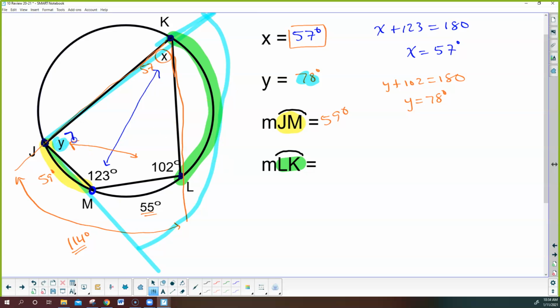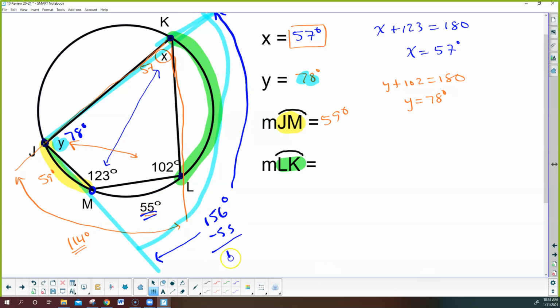So if Y is 78 degrees, and I double that, that's 156 degrees, all the way from here to here. Well, of that, M to L is 55. So if I subtract 55, I get 101 for the green arc KL. So we're using the inscribed angles to help us find the missing piece there.